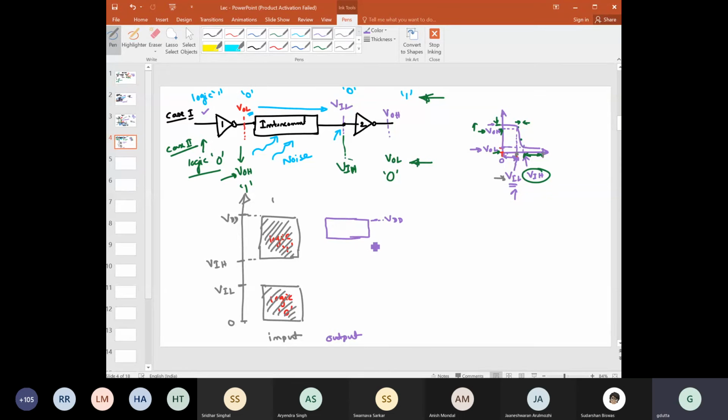This is VDD. This is VOH. The minimum value of output which can be considered as logic 0 is 0 volt. From this image you can see. The maximum value of output which can still be considered as logic 0 is VOL.